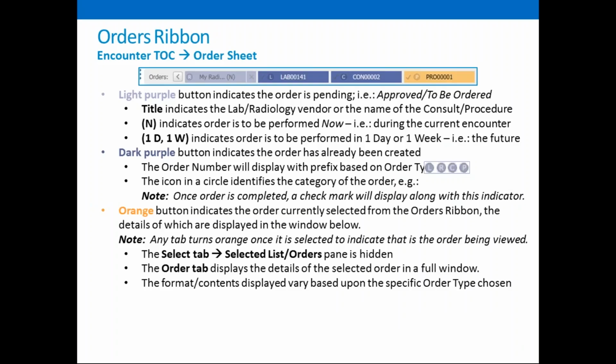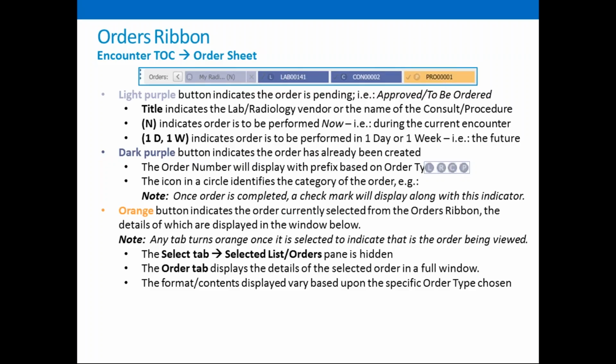Now, in completing this process now and generating our order, we got our orders ribbon now, again, to look at the different scenarios. This is showing you the light purples, the dark purple, and the orange all in one ribbon. The light purple, again, has not been completed. It's been approved. The doctor has ordered it.